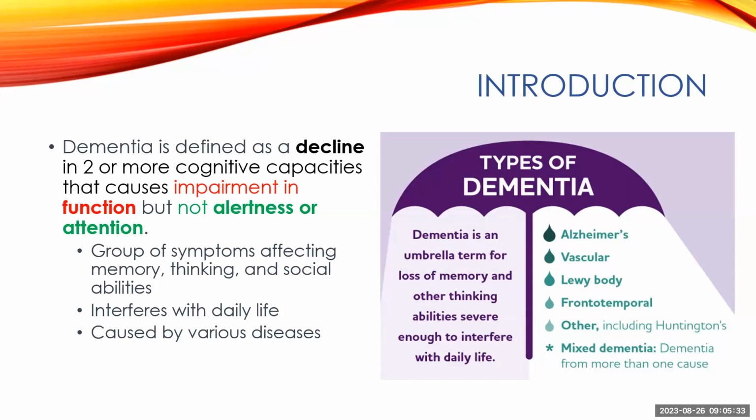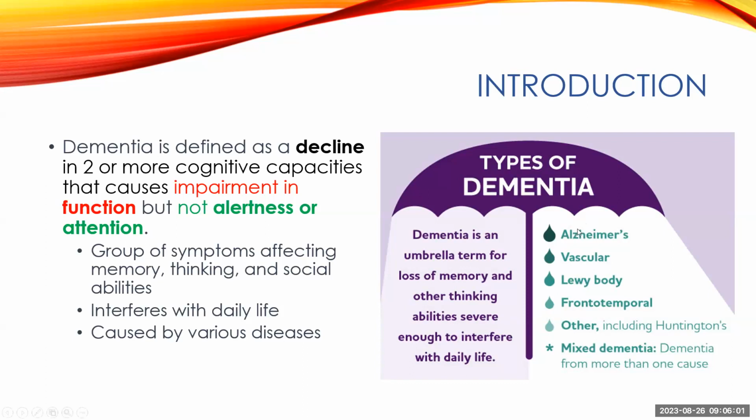So again, it's a group of symptoms affecting memory, thinking, and social abilities, and it has to interfere with your daily life. Of course, it may be caused by various diseases. I have pictures from the Alzheimer Society website. Again, dementia is the umbrella, the big term. It's not a disease by itself.